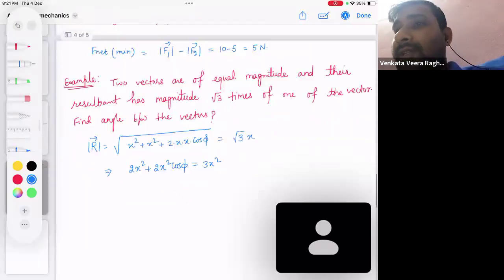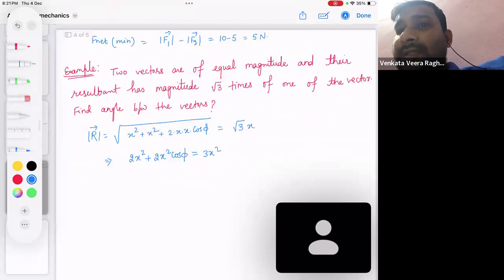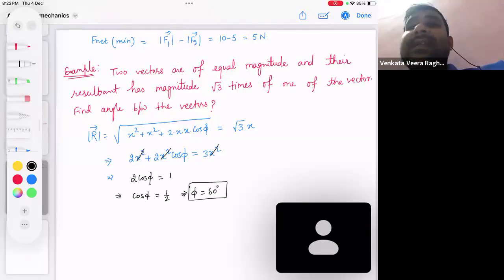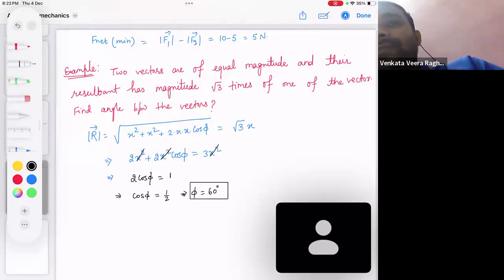Is x square getting cancelled out? Yes, it got cancelled out. We get 2 cos phi equal to 3 minus 2, which is 1. That means cos phi is 1 by 2. So phi should be 60 degrees. So here the angle between the two vectors is 60 degrees. Is that clear?